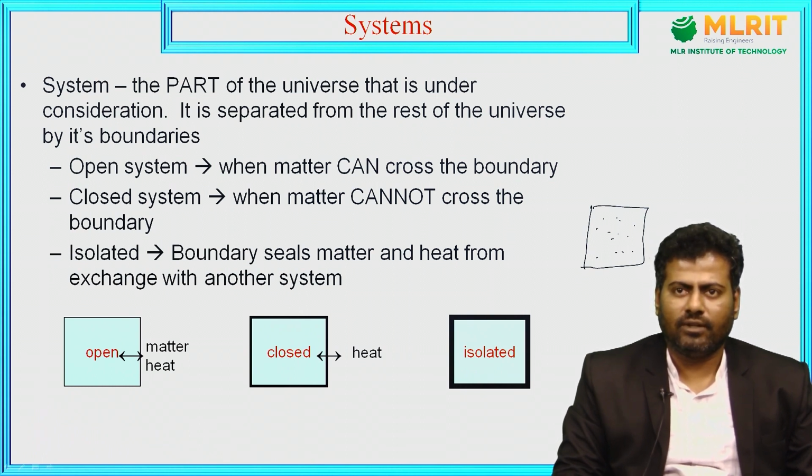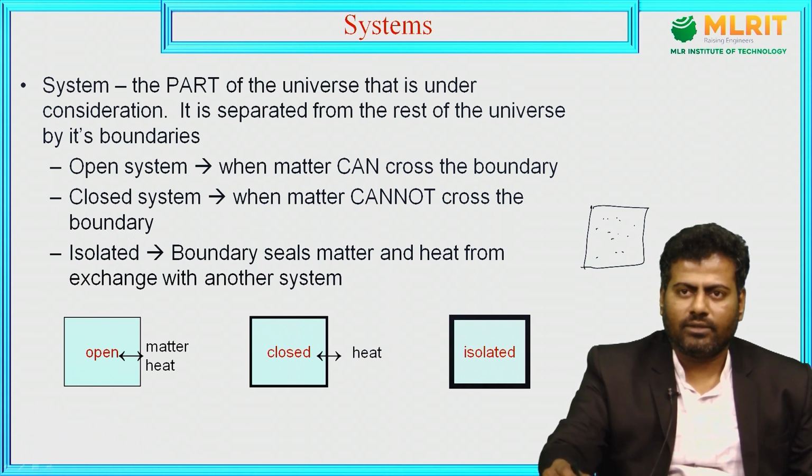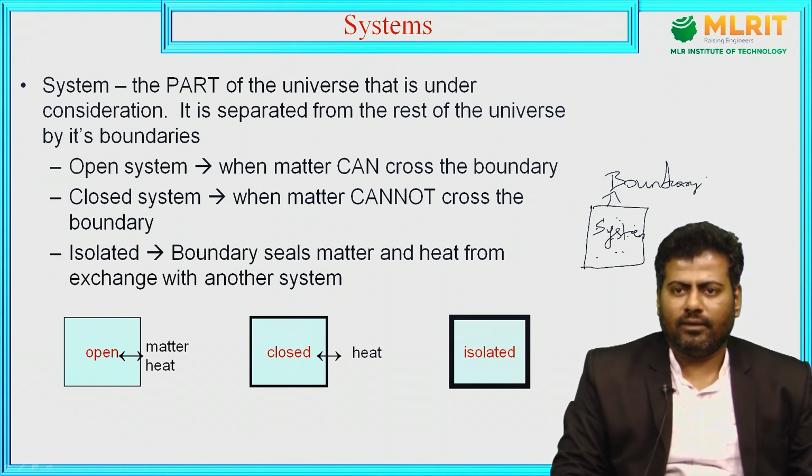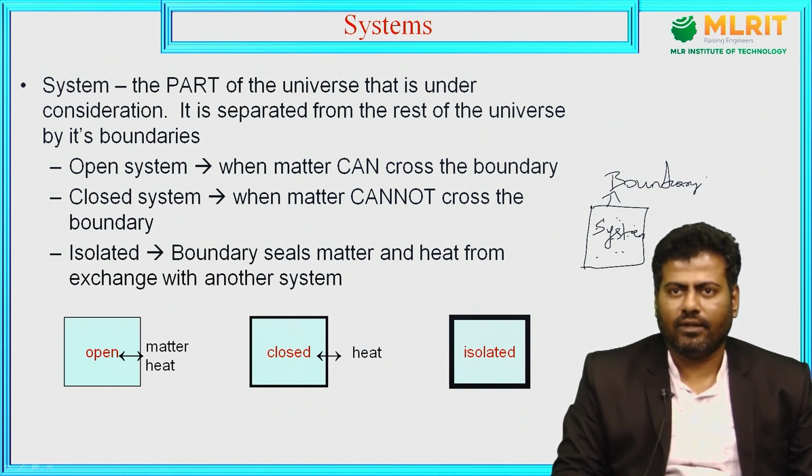This system is covered by a wall, which in technical terms we call the boundary. Inside is the system, and this is the boundary. The surroundings are with respect to the boundary, separated from the system. That is what we call the entire universe. Got it? This is the simple definition of system.